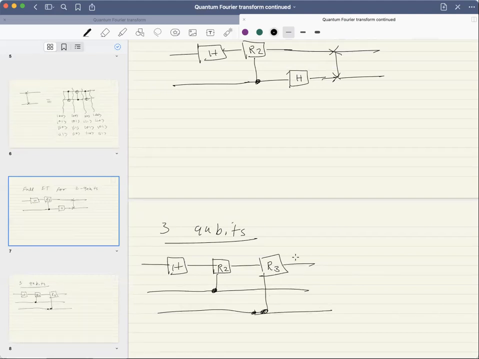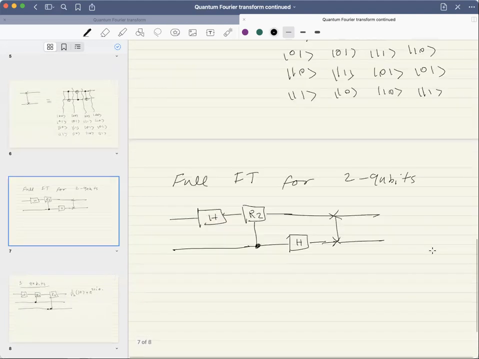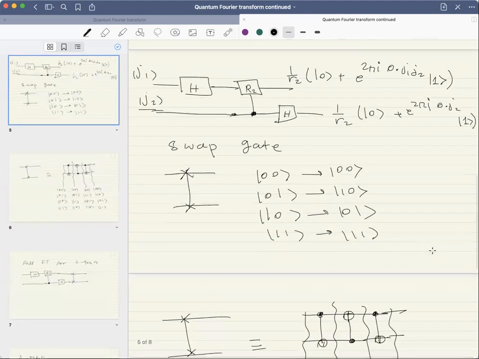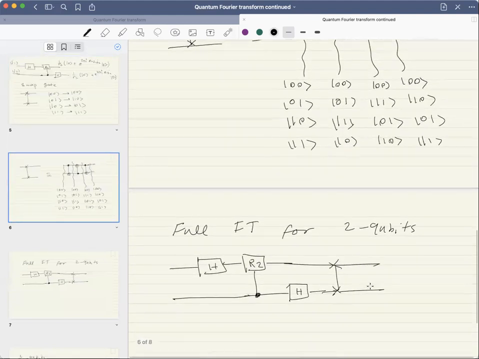And the effect of that will be 1 over square root 2, 0 plus e to the 2 pi I point J1, J2, J3.